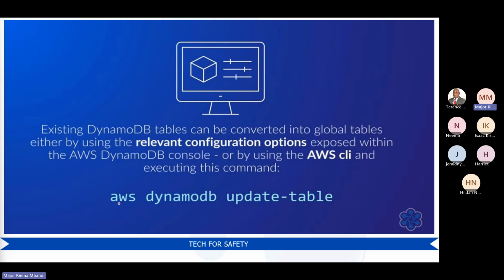The command that can be run for the CLI is aws dynamodb update-table. So that's how they can be converted into global tables. Remember I told you that Dynamo by default is a regional service, but you can enable global tables to make use of multi-region deployments.